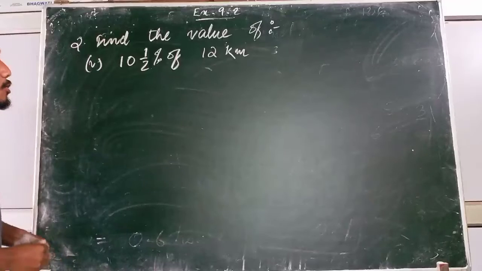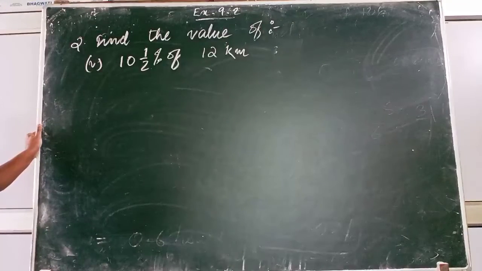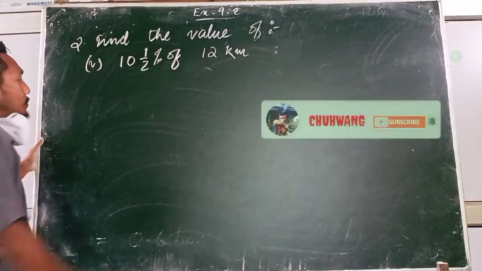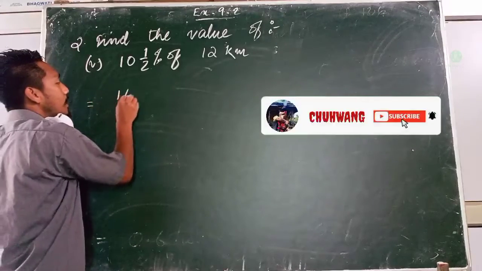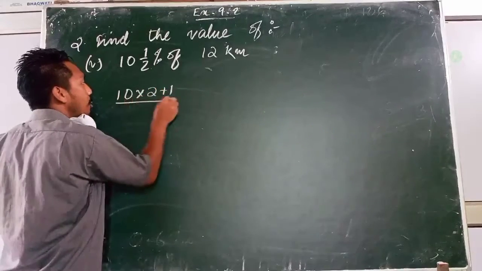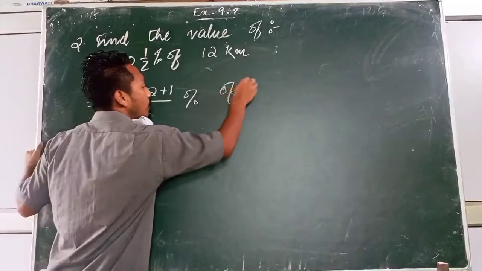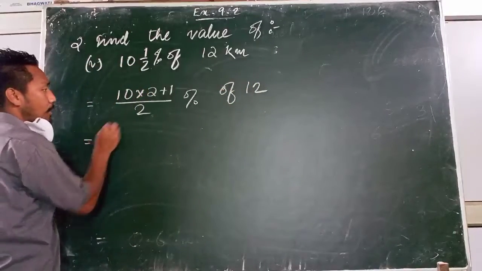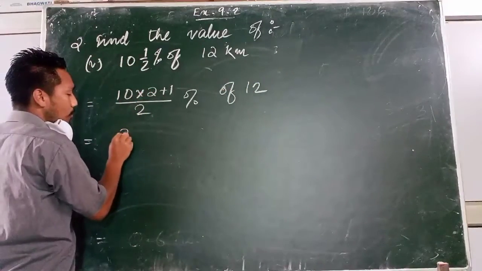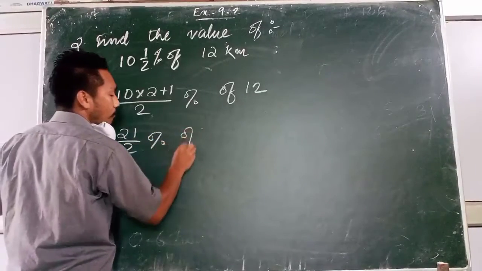Our next question is from question number 2, number 5: 10 and 1/2% of 12 kilometers. Converting 10 and 1/2 into 2 times 10 plus 1, that is 21 by 2 percent of 12.